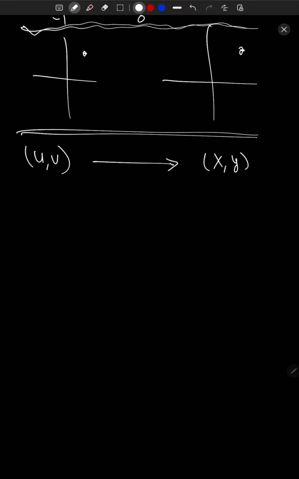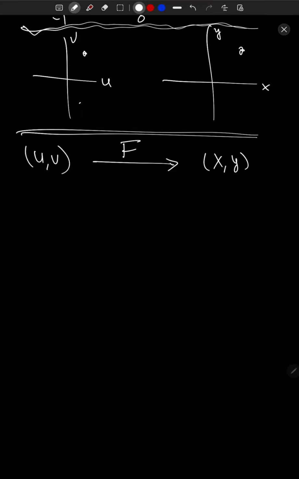Again, we're thinking of this as a mapping from a plane to the plane. Let me write down a definition of this mapping. So let's say (u, v). Let me write down a couple of notations that we can write this in. Sometimes we can give this mapping a name.